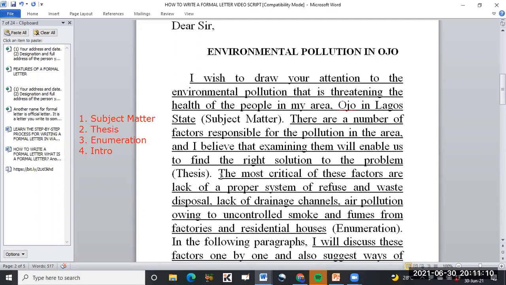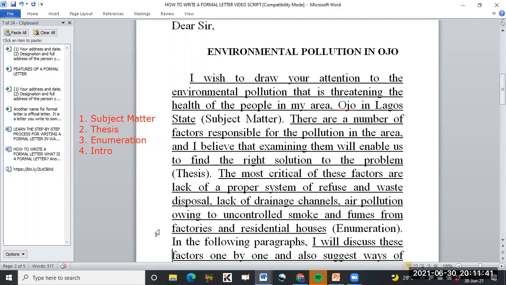You can say the most critical of these factors are lack of a proper system of refuse and waste disposal, lack of drainage channels, air pollution owing to uncontrolled smoke and fumes from the factories and residential houses. This is the enumeration.